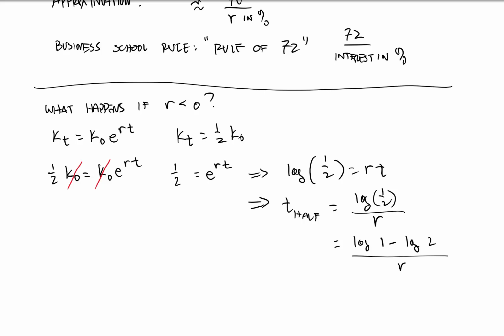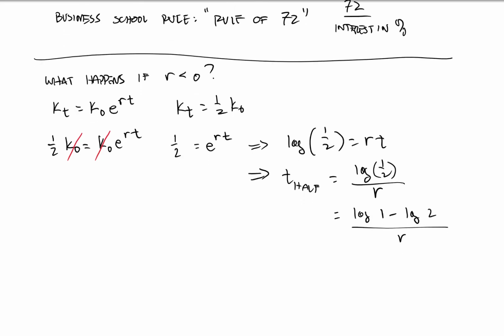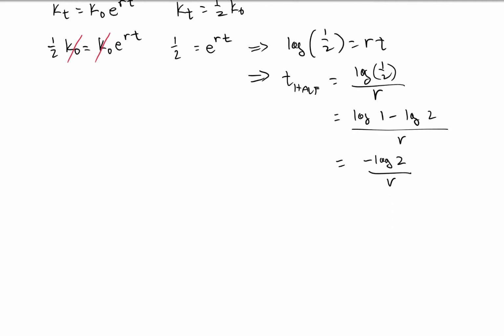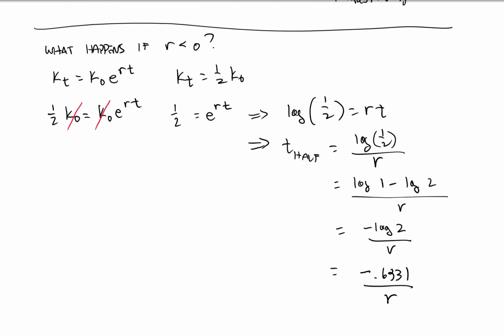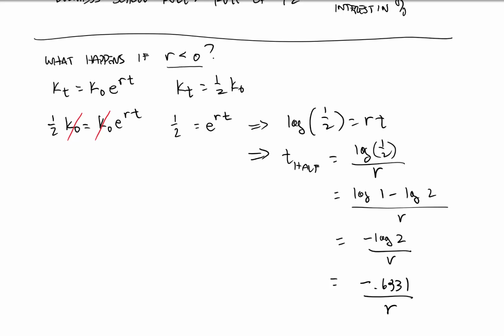What is the log of 1? It's 0. So this thing is going to be minus the log of 2 divided by r. And what is the log of 2? We already saw it up above. It's 0.6931. So this is going to be minus 0.6931 divided by r.